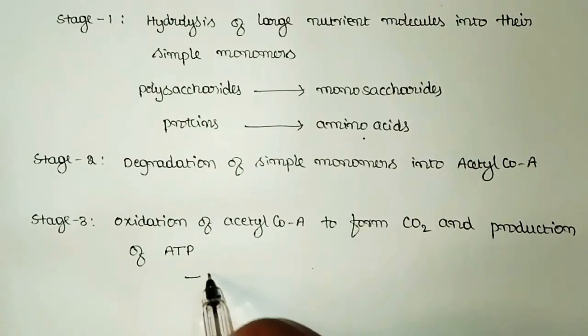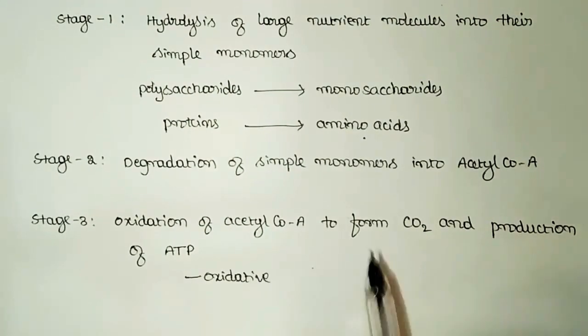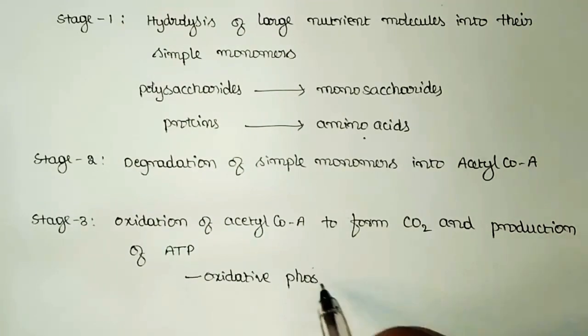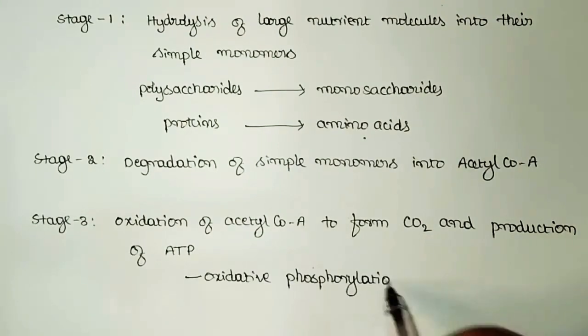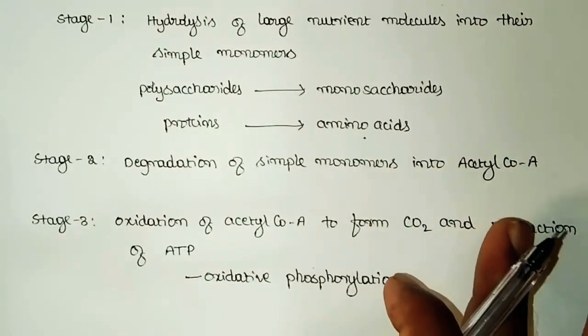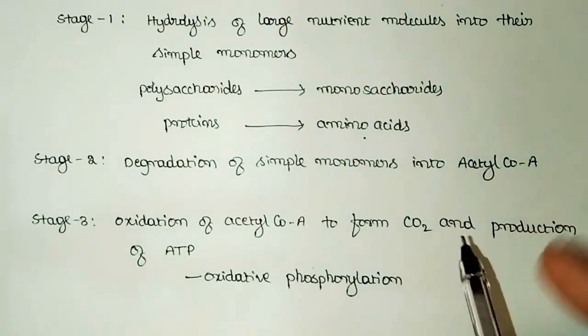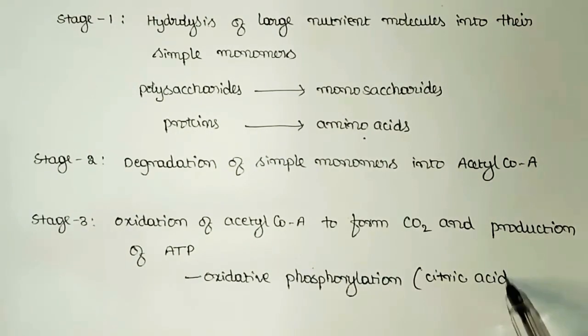So here we observe the oxidative phosphorylation that involves transfer of electrons from NADH to molecular oxygen. During this process, a large amount of energy is released and part of it will be converted into ATP. And this can be simply called the citric acid cycle. So stage 3 of catabolism is actually the citric acid cycle.